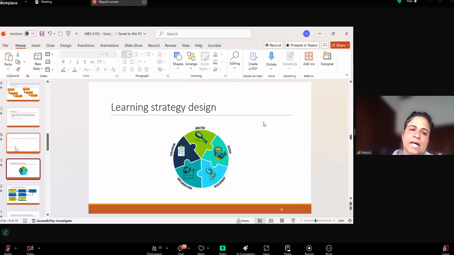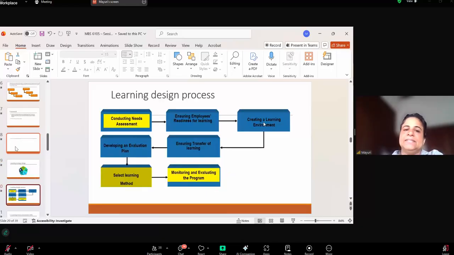However, in this class we are using the 7-step model of learning design, which is more prescriptive and more common. When you look at global businesses, the majority of companies use this 7-step model of learning strategy design as a guide for their learning programs.